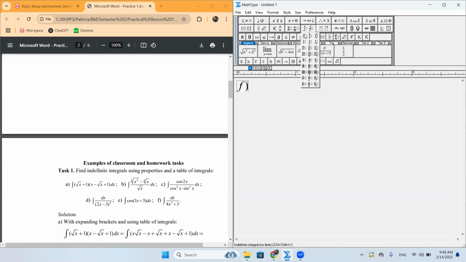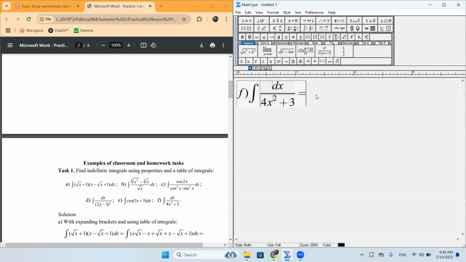The following integral is dx over 4x square plus 3. Again, this integral can be calculated with the differential entry technique.